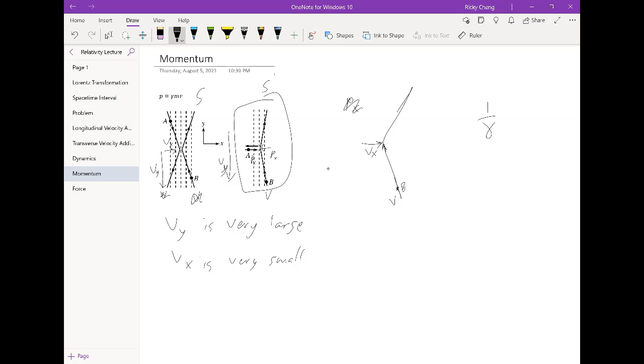Because B is moving much faster than A. A has a very low velocity, but B has a very high velocity, so it has a slower clock. As we said before, the clocks tick every time the object moves past a vertical line. So B has to have a slower horizontal velocity now, because its clock is ticking slower. The difference is Vx over gamma.